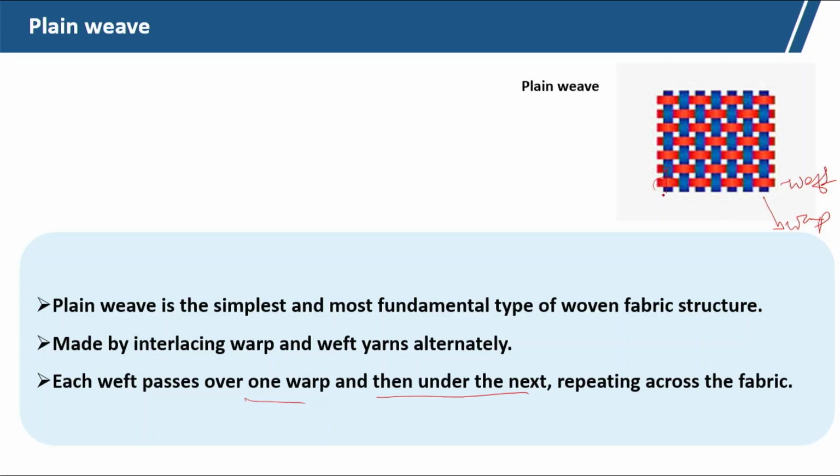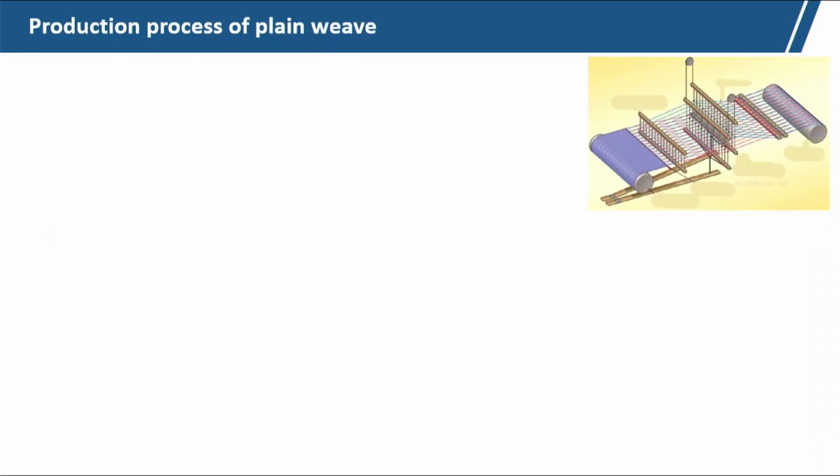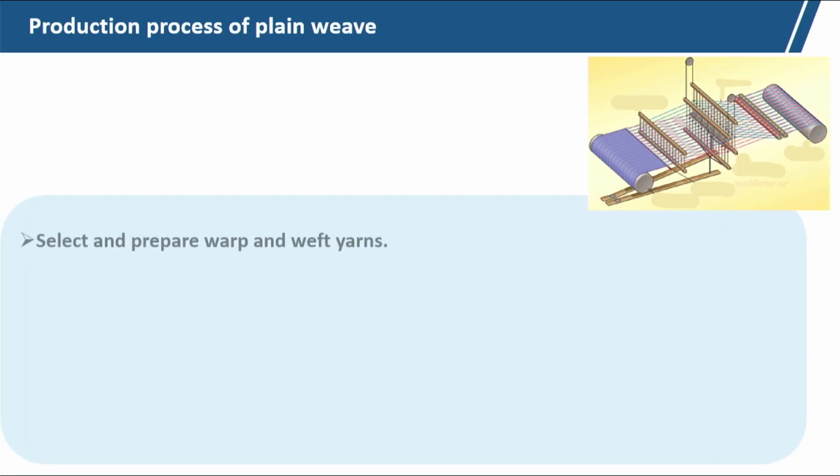So, if you see, this is the weft yarn, going over one warp yarn, then for the next warp yarn it will go under. These things will repeat across the fabric. Normally a plain loom is used, maybe hand loom, maybe power loom. It is the simplest one, easy to produce.